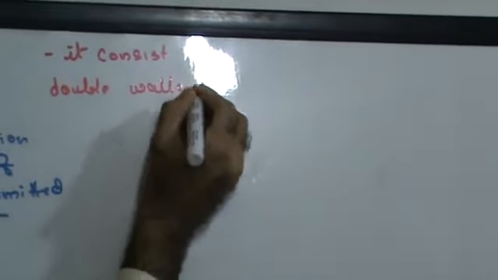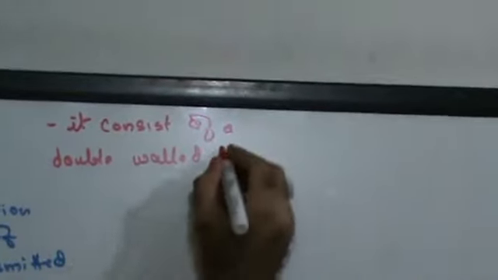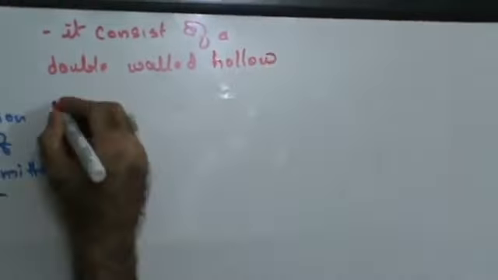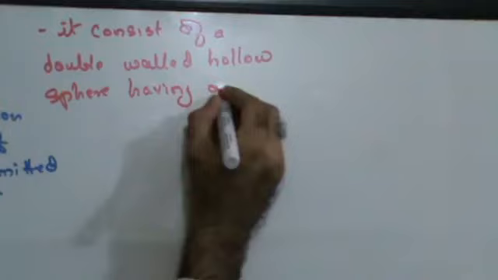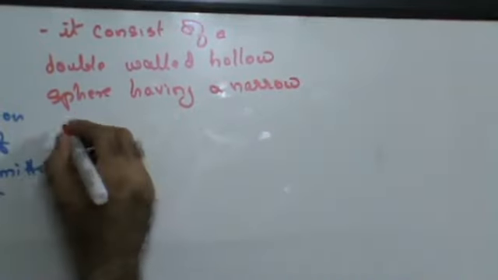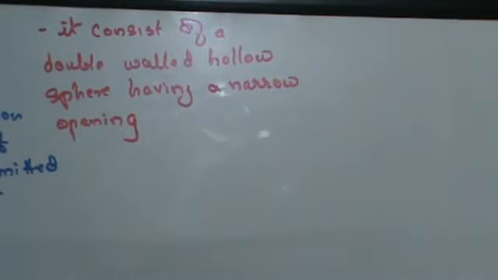It consists of a double-walled hollow sphere having a narrow opening. The inner surface of the double-walled sphere is coated with lamp black.